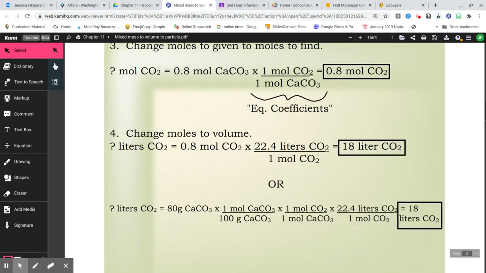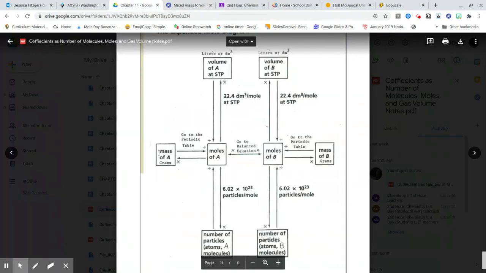I prefer to do the 1 3-step problem instead of the 3 1-step problems. Whichever way you prefer to set them up, that is fine. So again, we're given 80 grams of calcium carbonate. If we want grams of calcium carbonate to cancel, they go in the bottom. Moles of calcium carbonate goes in the top. So mass to moles.